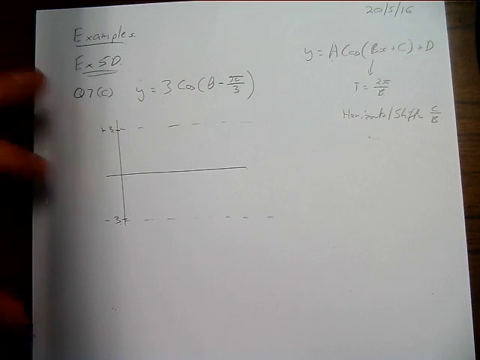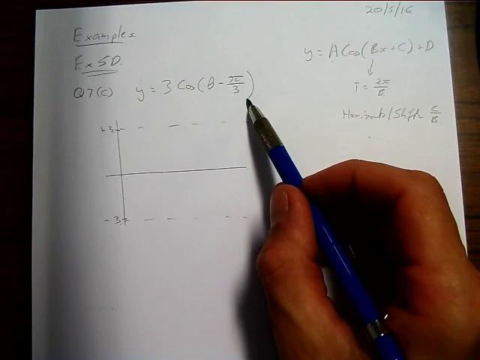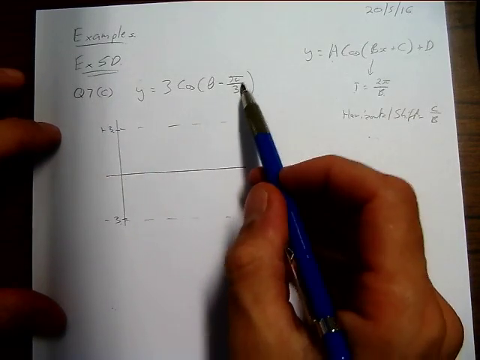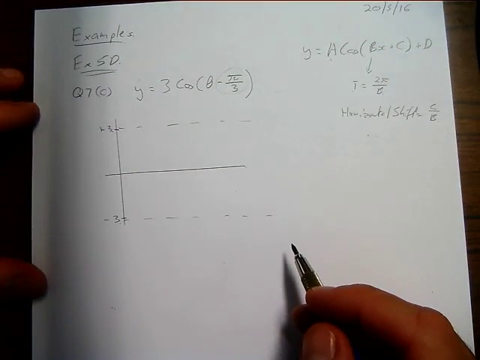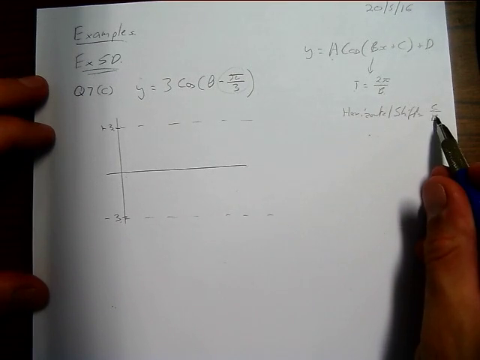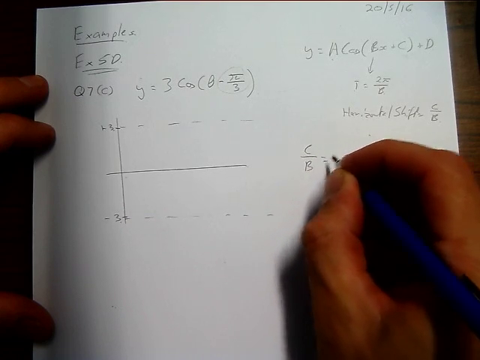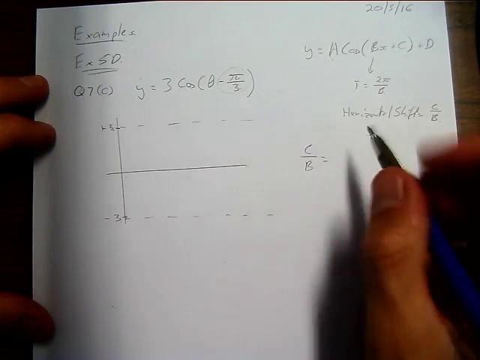Okay. Now the next part is my horizontal shift. Because I have this value in here, I have some horizontal shift. So I've got to calculate what that is. Now we know horizontal shift is C on B. What is C? Pi on 3.